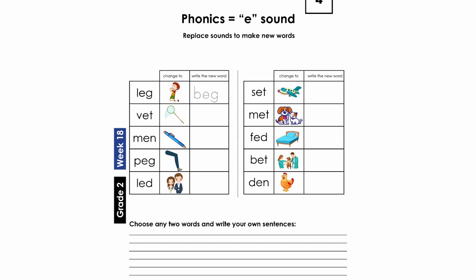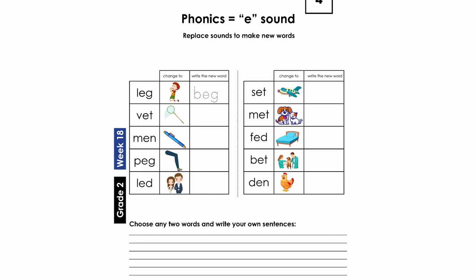Let's look at this next picture. That picture is next to the word men. Look at the picture. That word is pen. Great job, boys and girls.